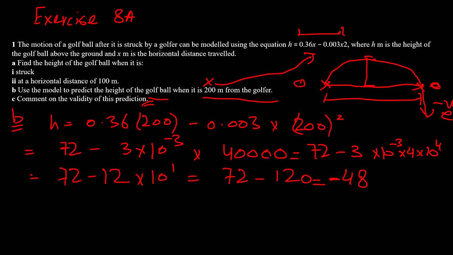To find the values of x for which the model is valid, we simply put h equal to 0. So 0 is equal to 0.36x minus 0.003x squared. Let's take it to the next page.